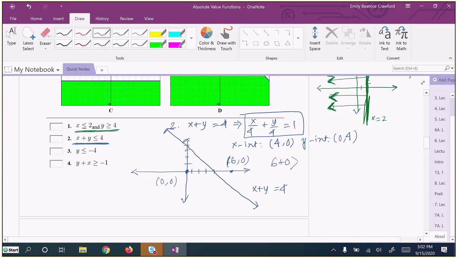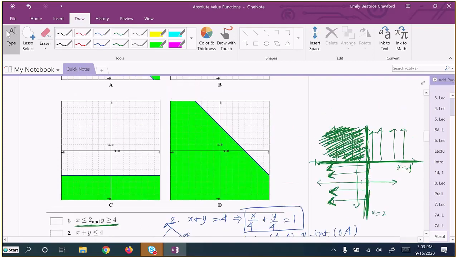Clearly that is greater than 4, so it doesn't work, because you needed less than or equal to 4. How about the point (0, 0)? x equal to 0, y equal to 0 is 0. That is less than or equal to 4, so this one is good. That tells me the side that we want to choose is the left-hand side of this line. So when we compare this situation, we see that the graph in D is the graph for the inequality in 2.